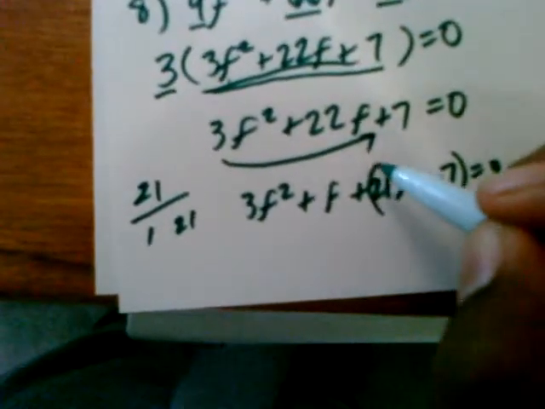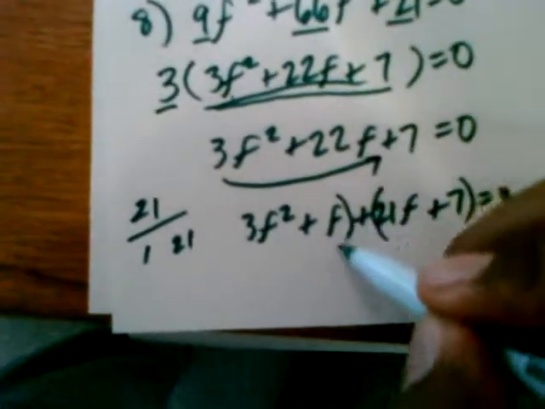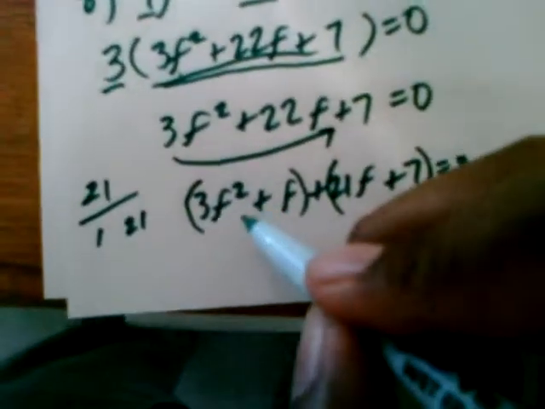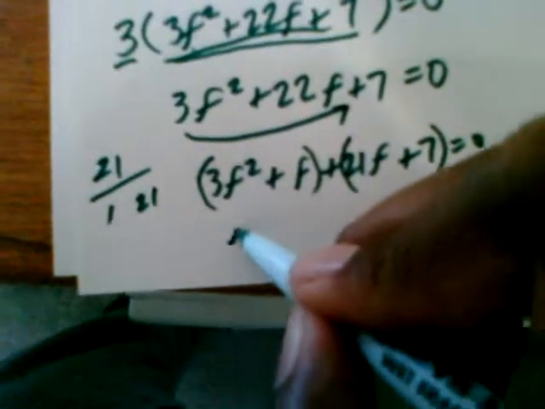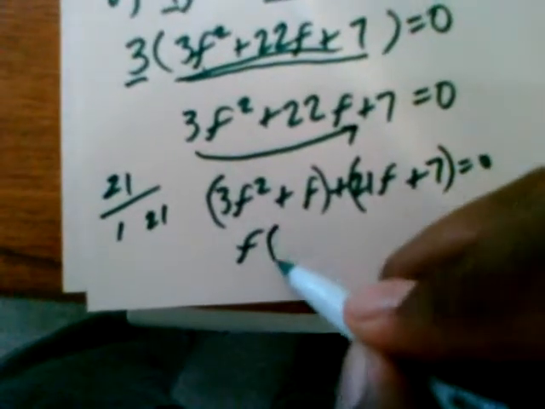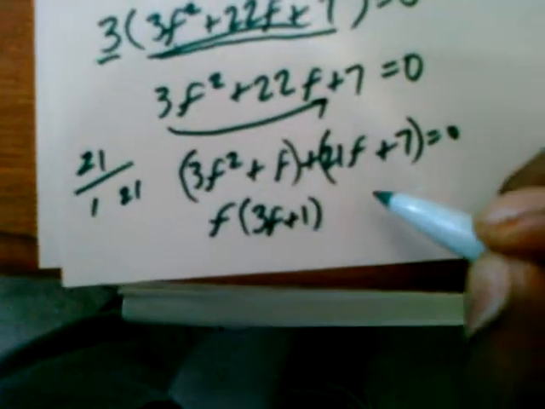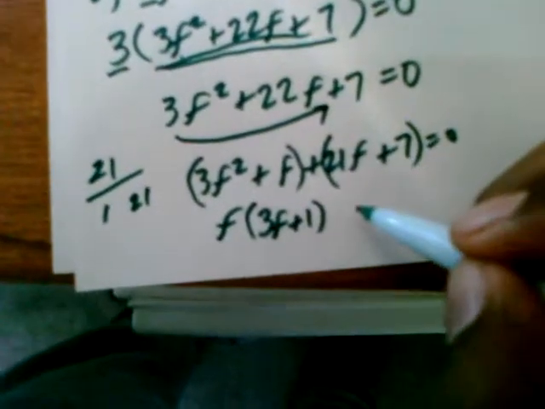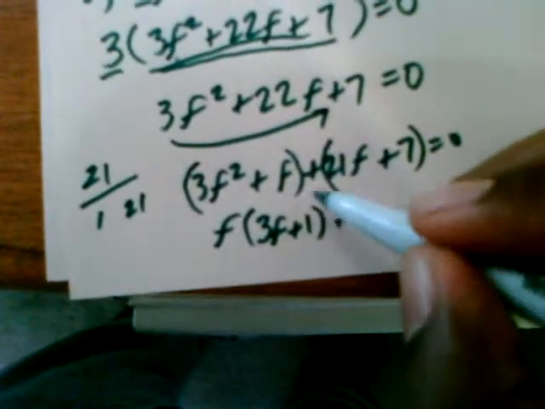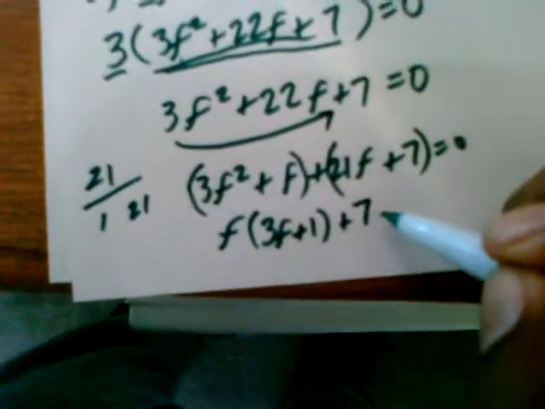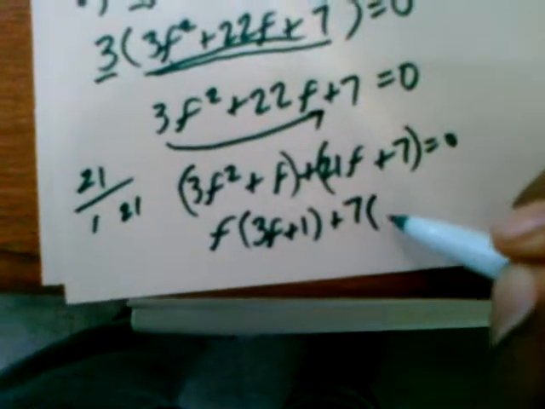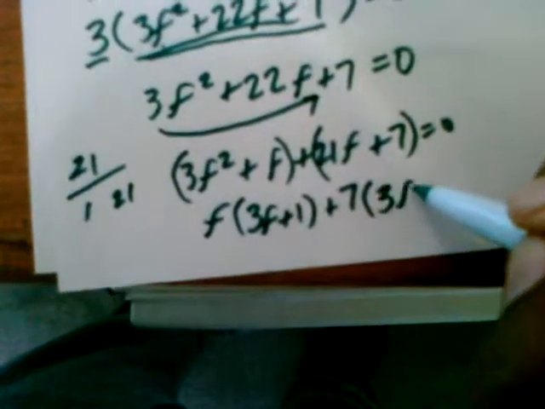I could just put the grouping symbol around the 21. They both have an f in common. Take out your f. I'm going to have 3f plus 1 left over. These numbers both have a 7 in common. Plus sign, bring that down. Take your 7 out. What's left over is 3f plus 1.